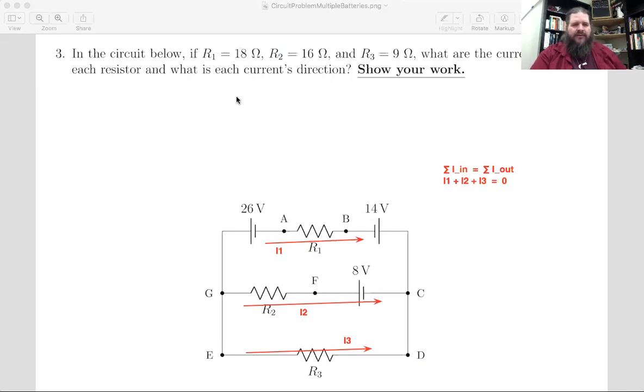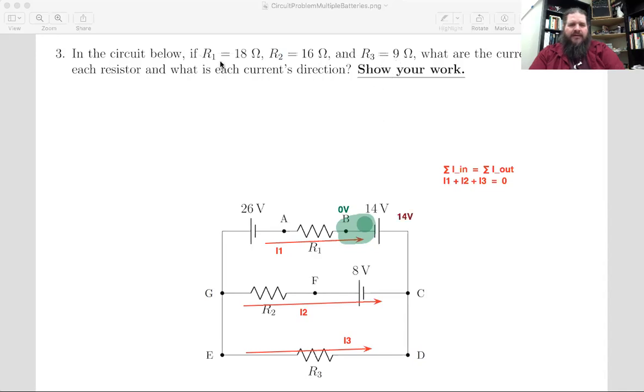Let's say, for instance, if we call this region 0 volts. This battery definitely adds 14 volts. So this region will be at 14 volts.